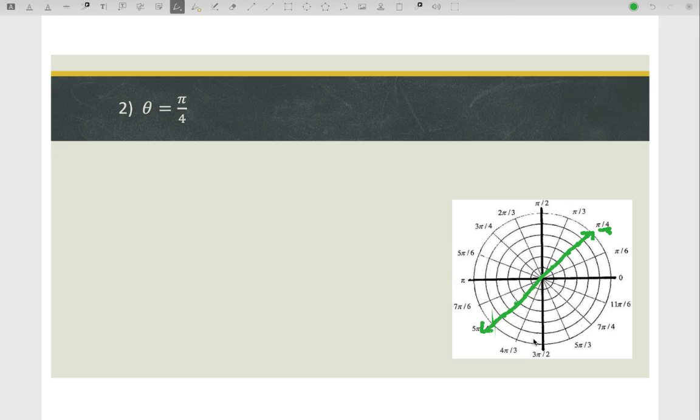It makes sense that when we find the rectangular form of this, we probably should have a linear equation. So let's see how we get that. Once again, we're going to use one of the formulas we had earlier, that being the fact we know tangent of theta is equal to y over x. Well, we know theta is pi over 4, and hopefully you recall from your unit circle knowledge that tangent of pi over 4 is equal to 1.